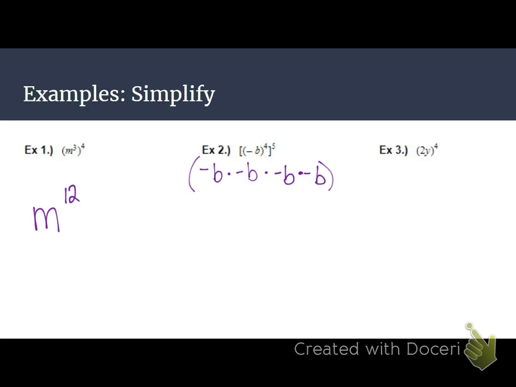A negative times a negative is always a positive, and a positive times a positive is a positive. So we really end up having b to the 4th raised to the 5th power. We don't really need the brackets anymore. And if we're raising the 4th power to the 5th power, what do we do with those exponents? Multiply them, and we get b to the 20th power.